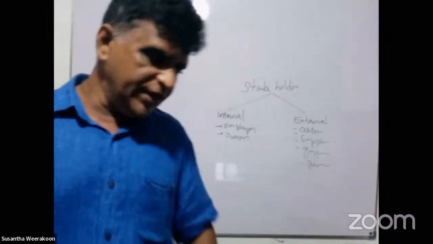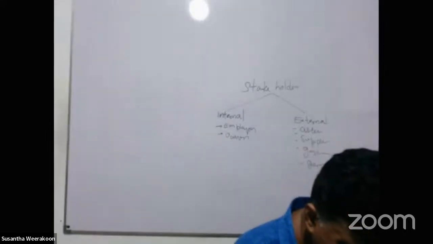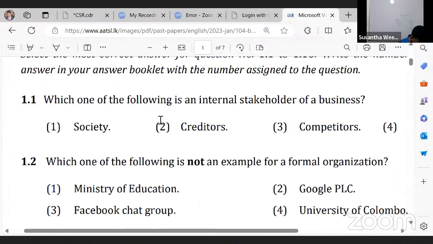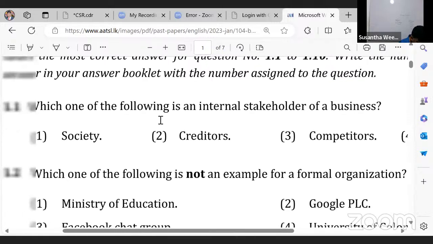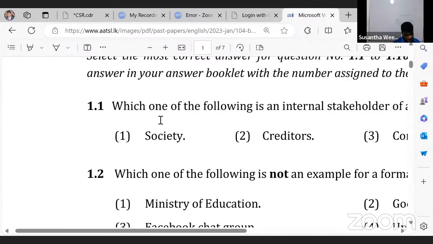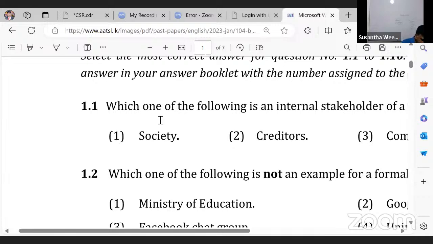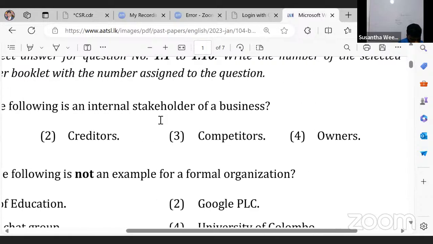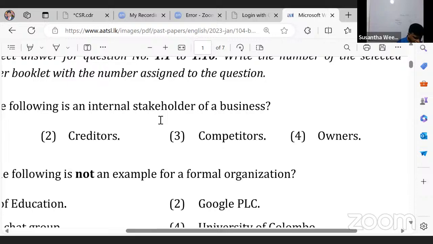Then your question is asking which one of the following is an internal stakeholder of a business? Society, that is external. Creditors, external. Competitors, external. Owners, internal. Then the correct answer is 4.